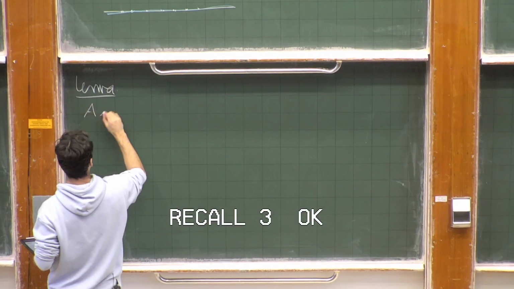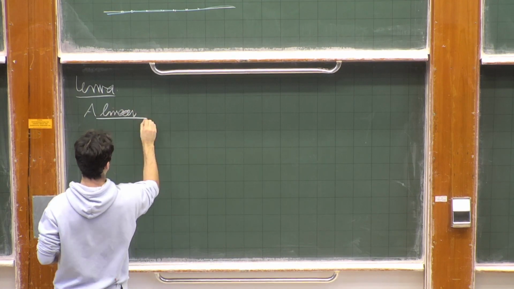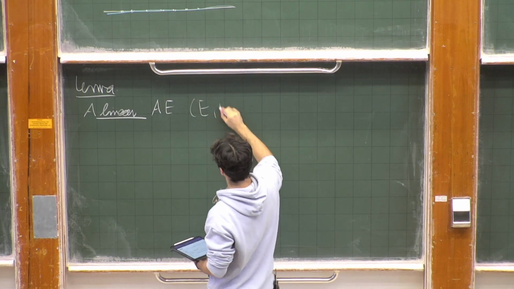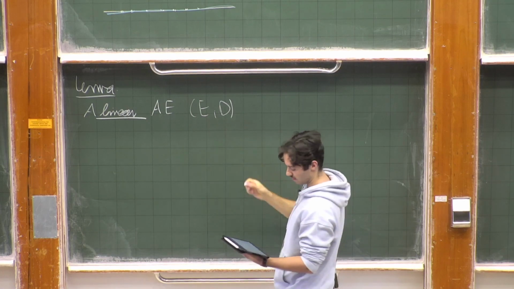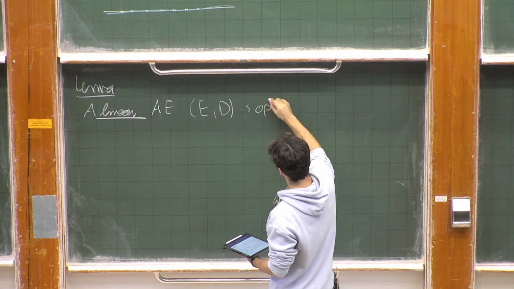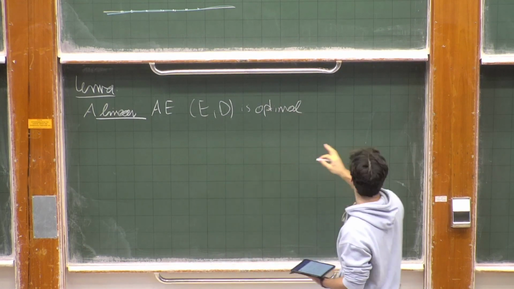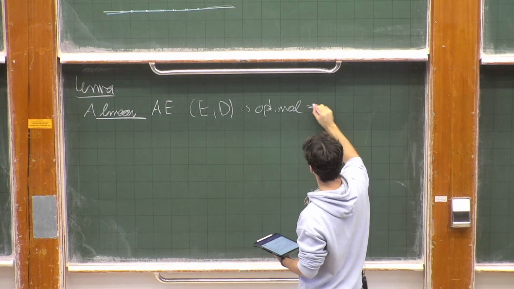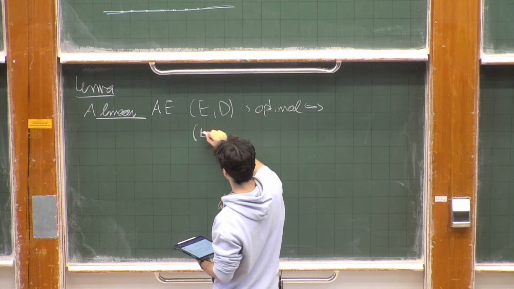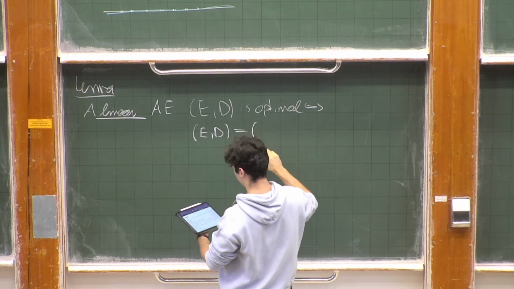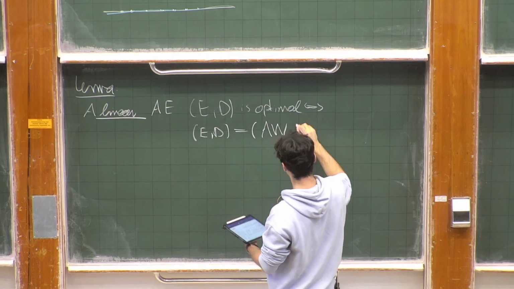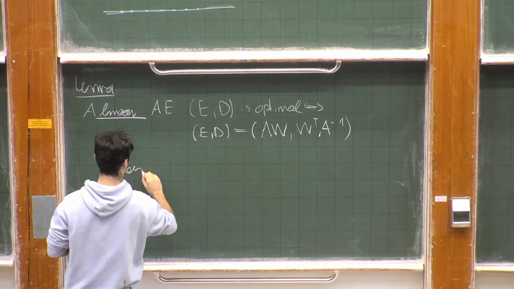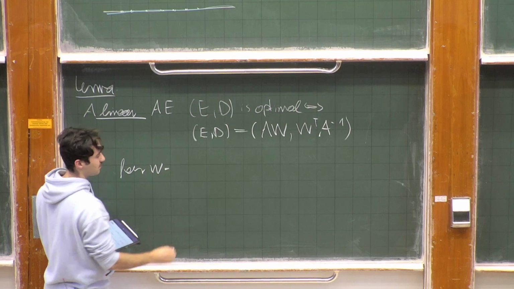Okay, the lemma reads as follows. A linear autoencoder, I will abbreviate autoencoder by AE, with encoder and decoder ED, is optimal, so optimal in the sense that it minimizes this objective given the data, if and only if ED is of the form A W and W transpose A inverse, for W the PCA solution.